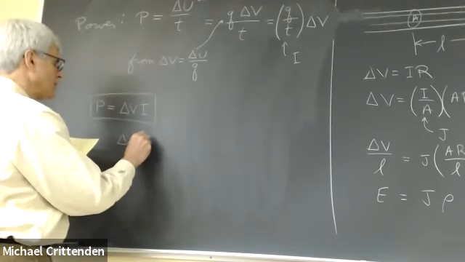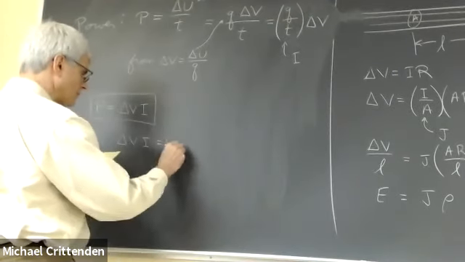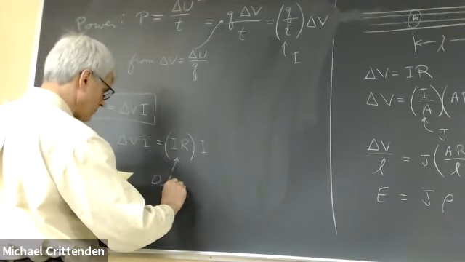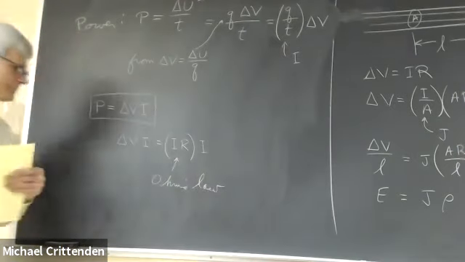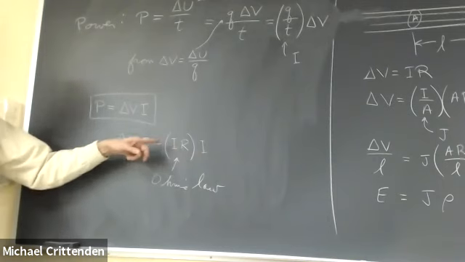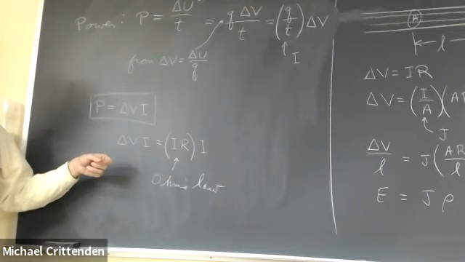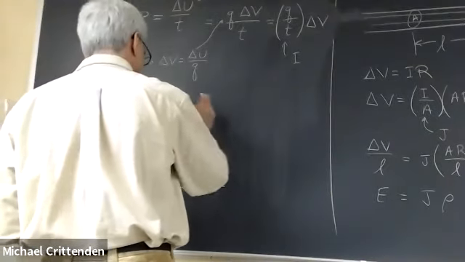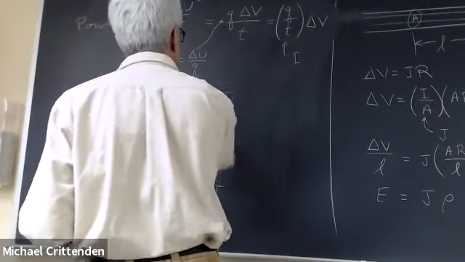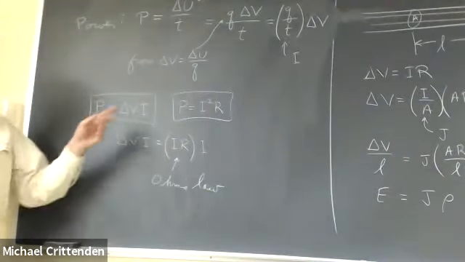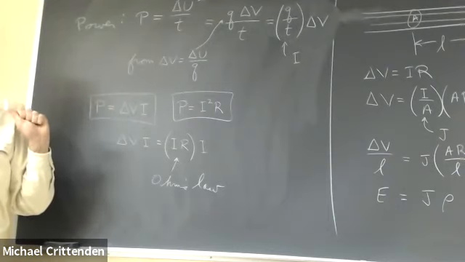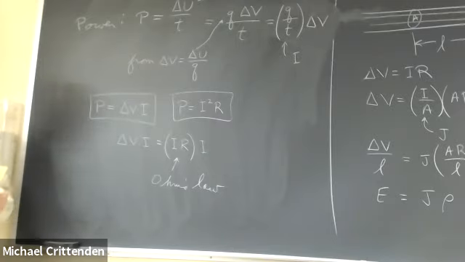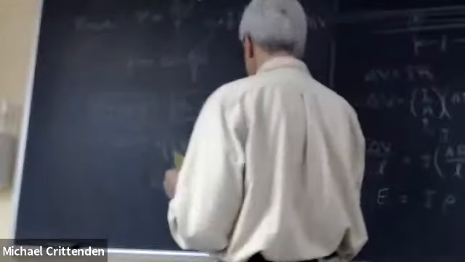Delta V times I, well, according to Ohm, V equals I times R. So if you put I times R where the V used to be, that shows you that power can also be calculated from I squared R. If it's the amps and the ohms that you happen to have at your fingertips instead of the amps and the volts, power is equal to I squared times R. Or yet another variation.